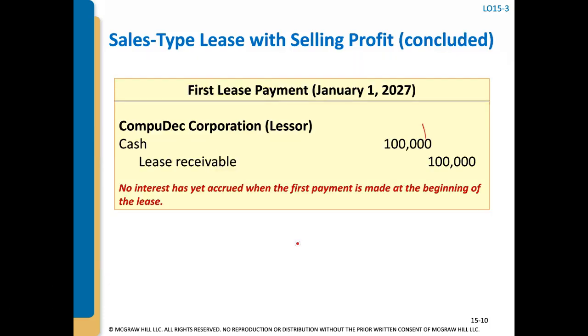The example also says that the first lease payment is on the first day of the lease. So we're going to debit cash, because Compudec, the lessor, receives cash, $400,000, and we're going to credit lease receivable for $100,000. Again, this is the same with or without the selling profit.